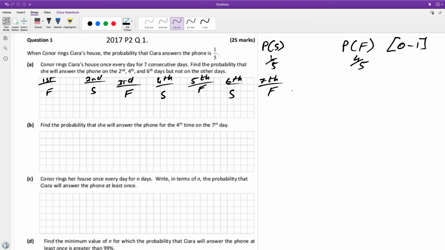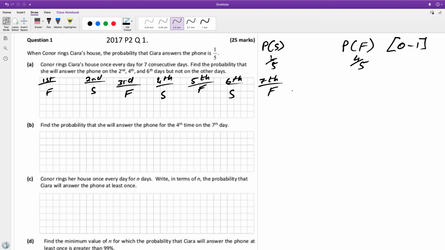When Connor rings Kira's house, she doesn't answer on the first day, she does on the second, and so on. Is it she answers on the first, or she answers on the second, or she doesn't answer on the third? Or is it she doesn't answer on the first, and she does answer on the second, and she doesn't on the third, and she does answer on the fourth?